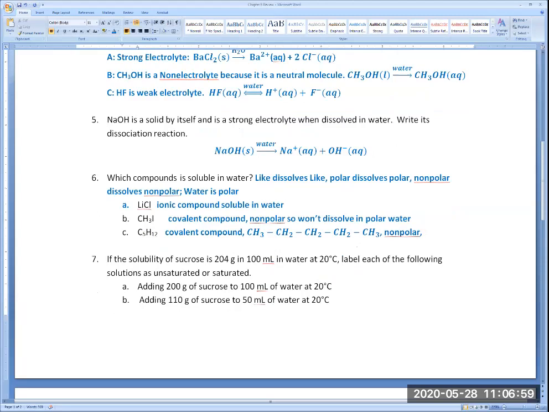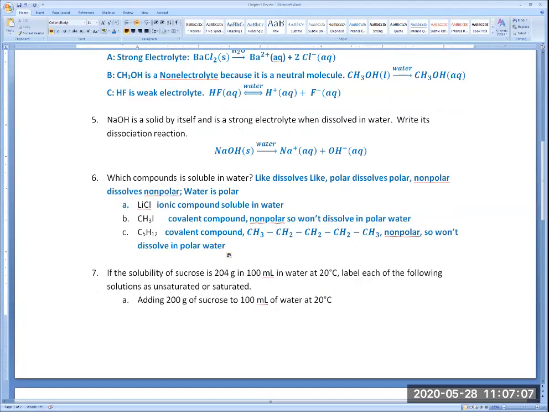No, it won't dissolve in polar water because water is polar, right? Water dissolves what is polar and does not dissolve what is nonpolar.